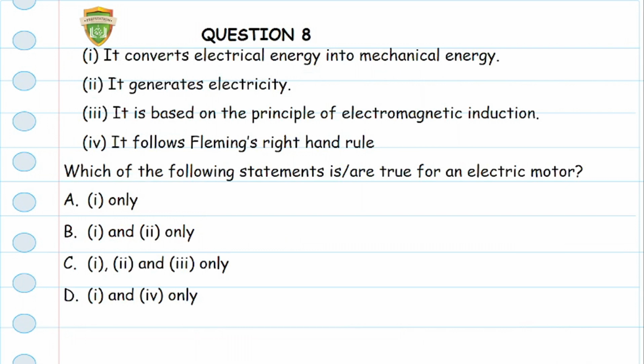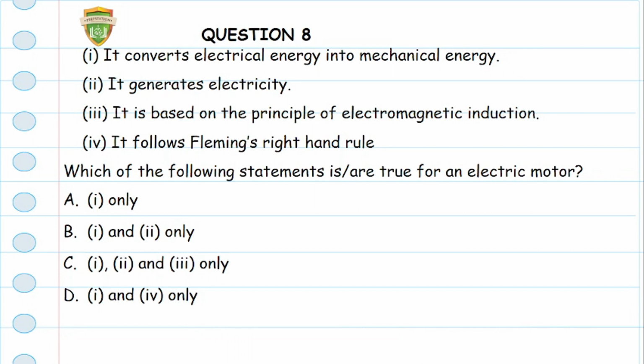Question 8. We're given four scenarios here. The first scenario says it converts electrical energy into mechanical energy. The second says it generates electricity. The third says it is based on the principle of electromagnetic induction. And the fourth says it follows Fleming's right hand rule. And the question asks which of the following statements is or are true for an electric motor.